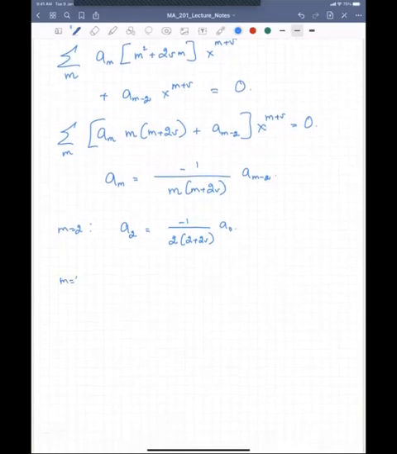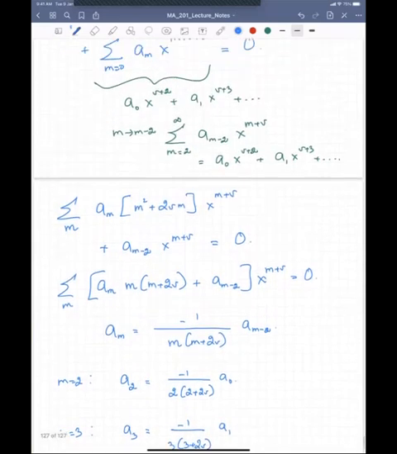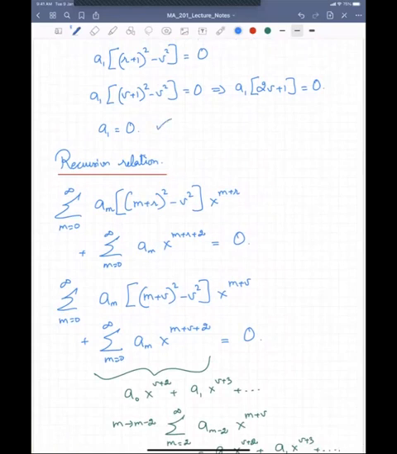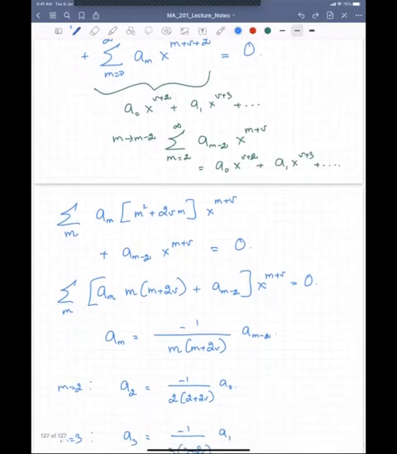Put m equals 3 and you get something that you can probably anticipate. A3 equals minus 1 over 3 times 3 plus 2 nu a1. Okay. Remember that all the odd coefficients are now determined by a1, but we have already discussed that a1 is actually equal to 0 for the case r equals nu, which means a3 also is 0.